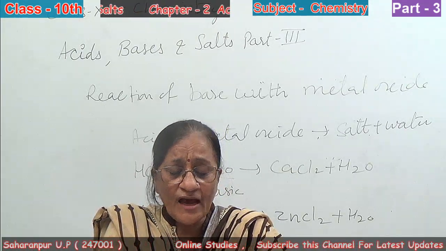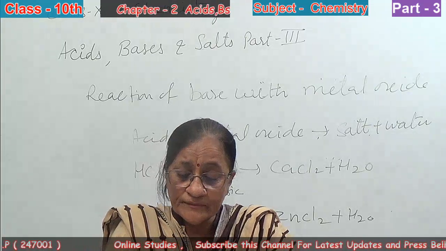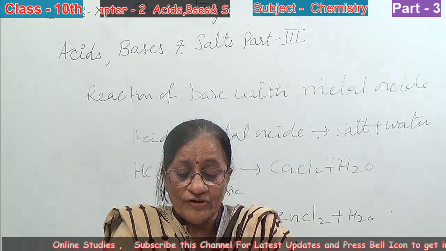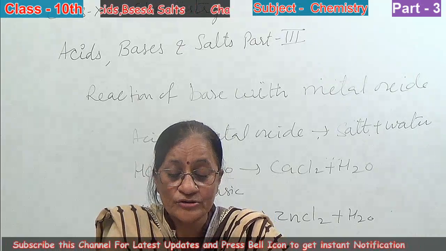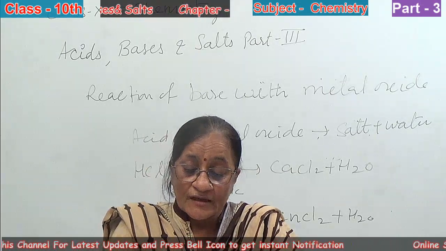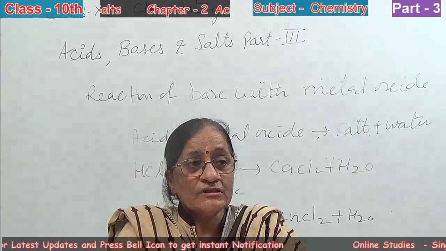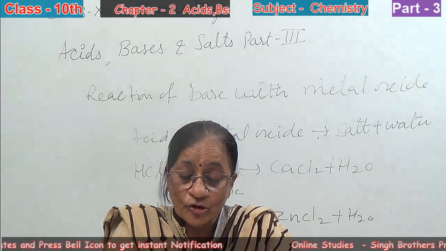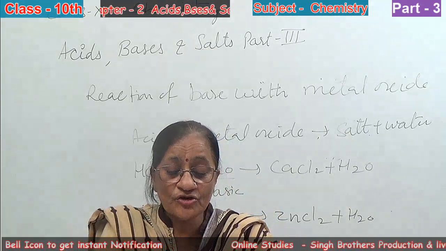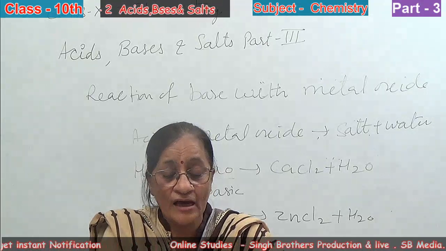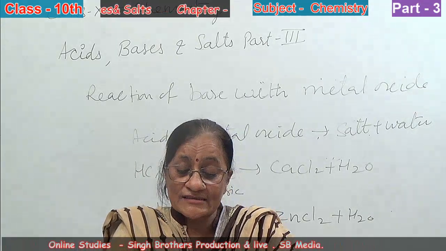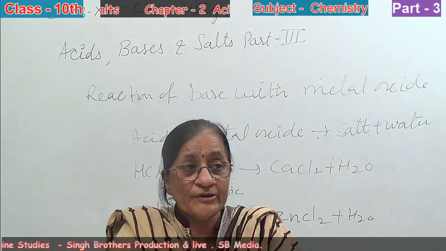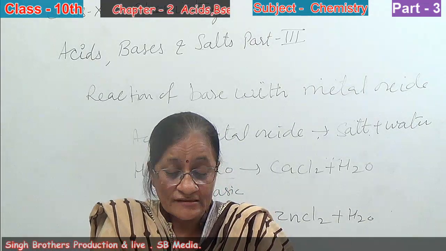Besides that, when an acid is dissolved in water, it always dissociates to give hydrogen ions. They produce ions when they dissolve in water, and the dissociation of hydrogen ions in aqueous solution is the common property in all acids.